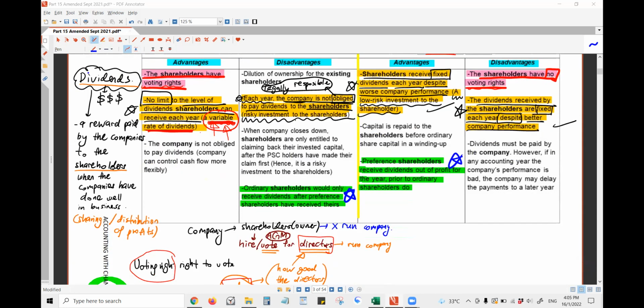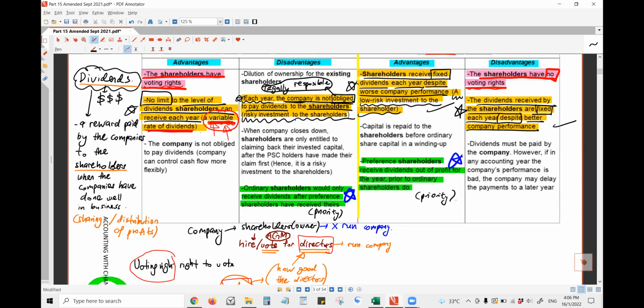Okay, so this is about the priority in receiving the dividends, the sequence, kind of like the priority in getting the vaccination for the COVID, where the senior citizens get to have the vaccine first, right?